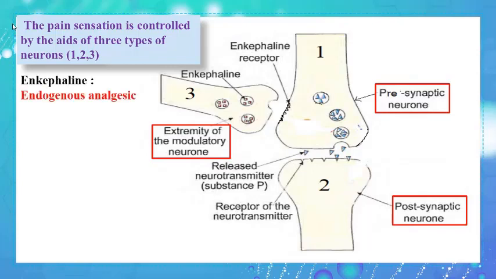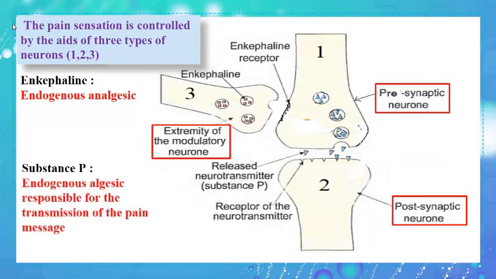Enkephalin is an endogenous analgesic neurotransmitter, which is a normal pain relief produced inside the body. Substance P is an endogenous neurotransmitter, which is a normal pain inducer produced in the body as well. So, both enkephalin and substance P are antagonists.